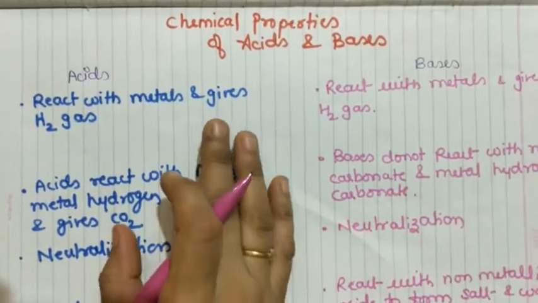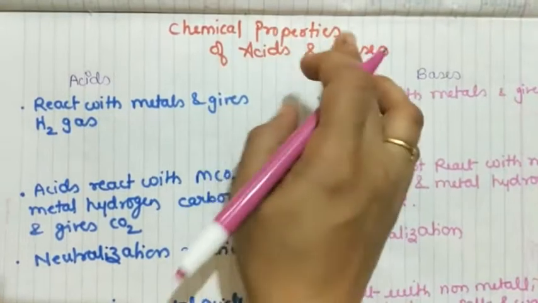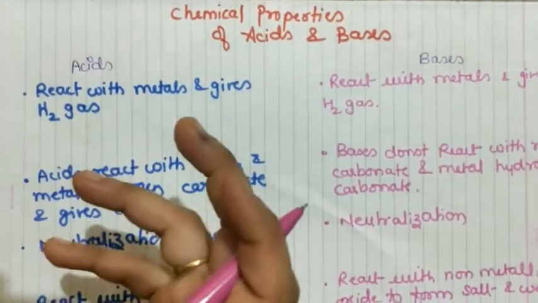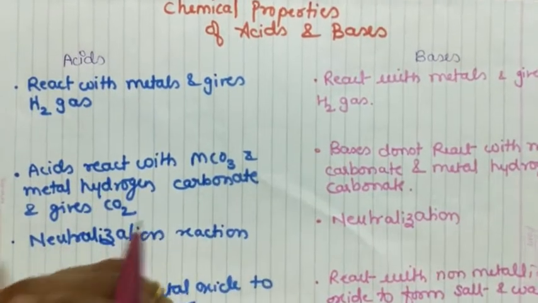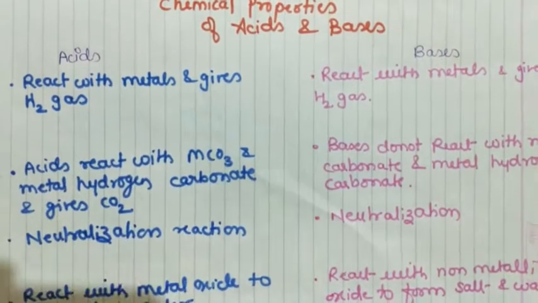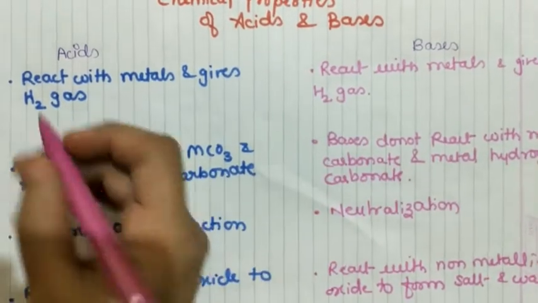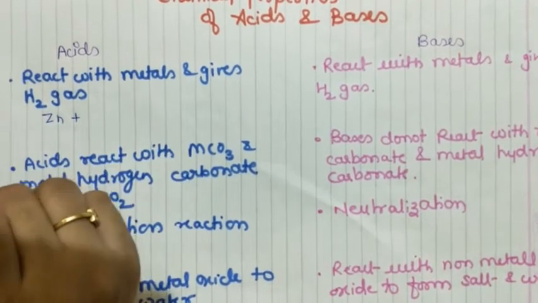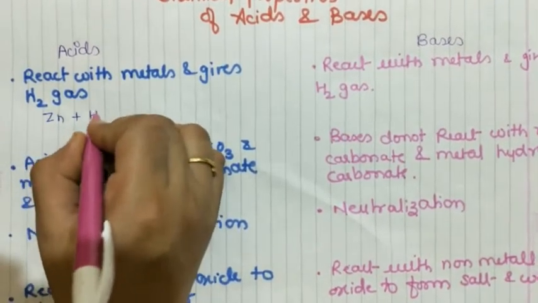So now let's talk about the chemical properties of acids and bases. If I talk about the chemical reactions of acids, they can react with metals and give hydrogen gas. How? Let's check. Suppose I take zinc, and it reacts with HCl.